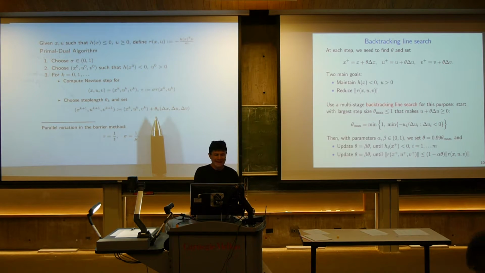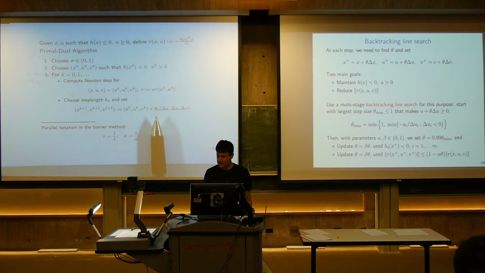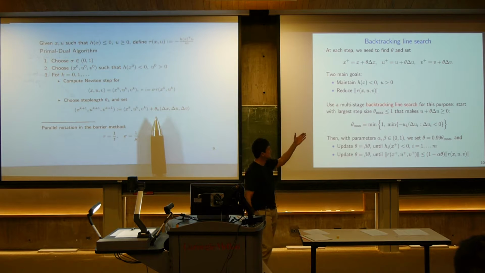So we always maintain that. And then the second goal of the line search is that we want to make progress on our residual. We want to get closer to solving the central path equation. So we want the norm of the residual to go down.